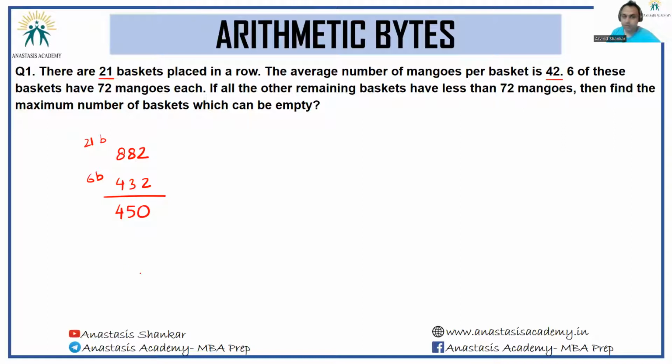Remaining 450 mangoes have to be distributed in baskets which have less than 72 mangoes. So 71 I can put.